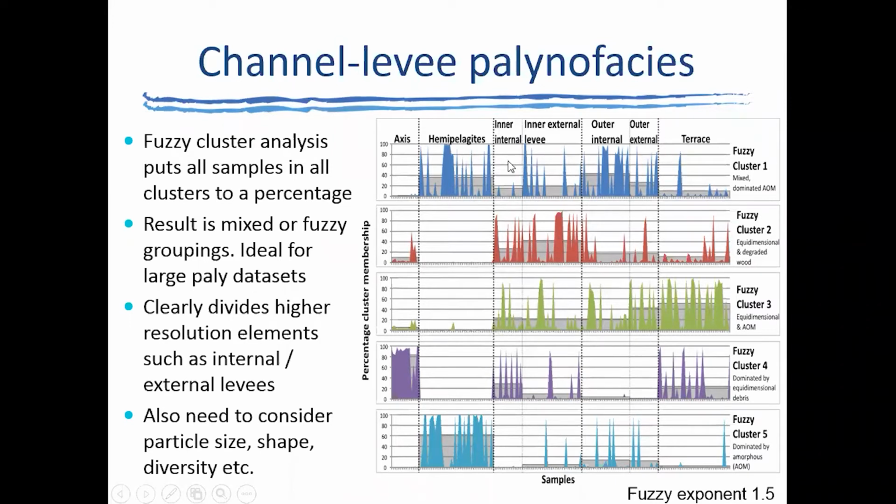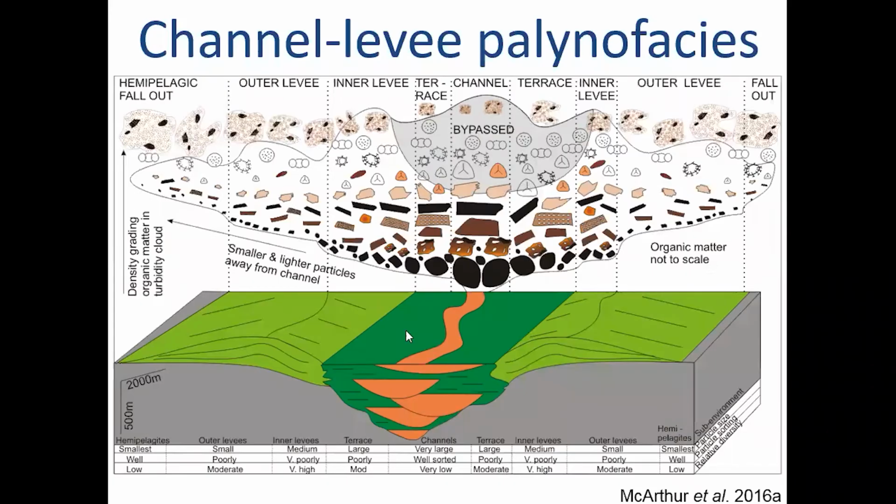And here I hope you can see that the proportions to which each sample belong to each of the clusters is variable, and it gives us some confidence that we can start subdividing our various sub-environments based upon their organic matter. But we also need to consider the particle size, shape, and diversity, and so on, in order to develop our model for distinguishing different depositional sub-environments with Palynofacies.